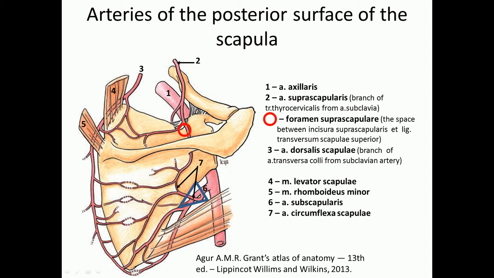So it's a good possibility to understand that the scapula is supplied with arteries quite well because there are a lot of muscles here. Number 8, musculus teres major.